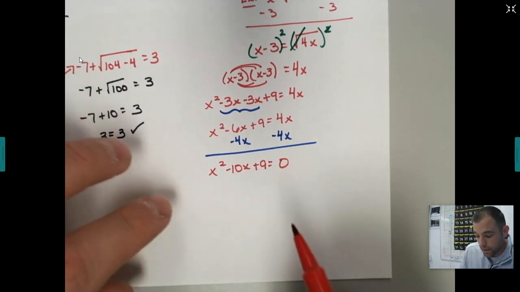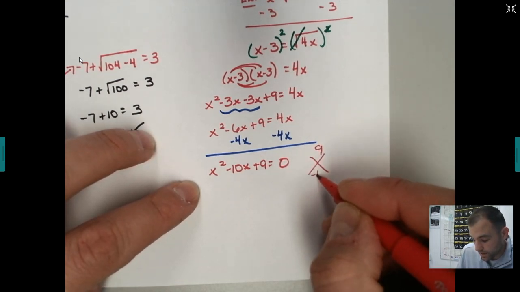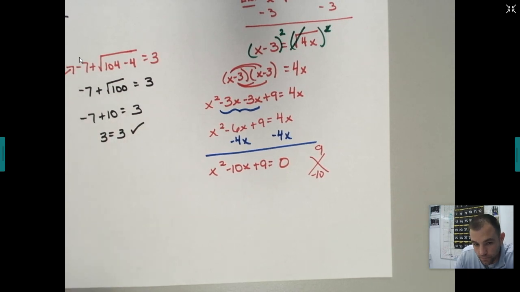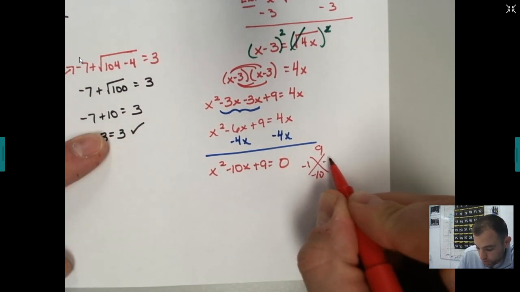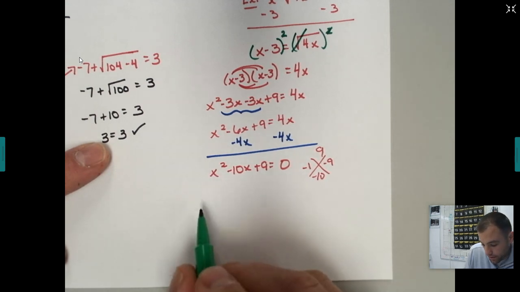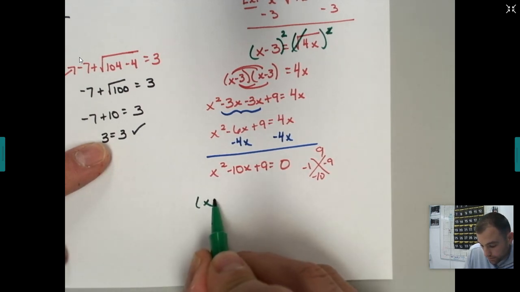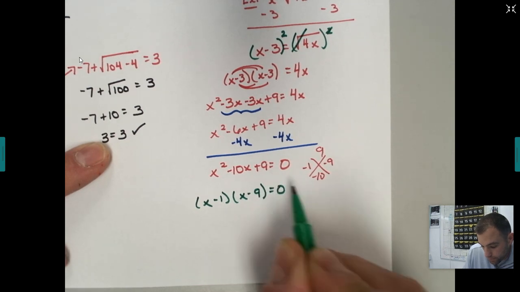So try to think again what multiplies to get 9, but adds to get negative 10. If you think about it for a minute, hopefully you come up with negative 1 and negative 9. So that means I can split this up into x minus 1 and x minus 9 equals 0.